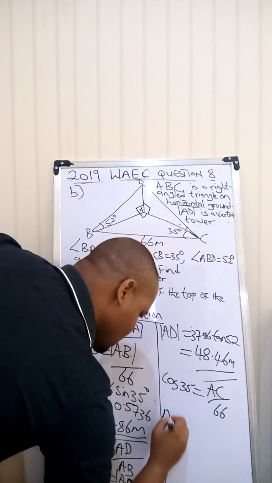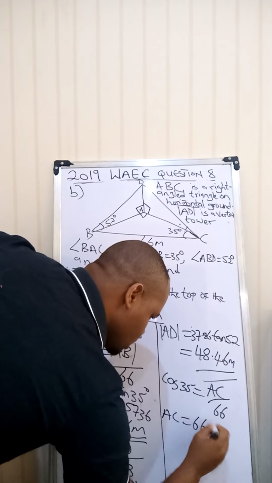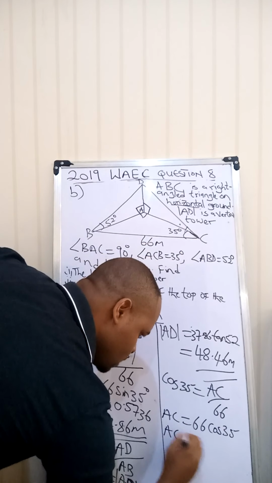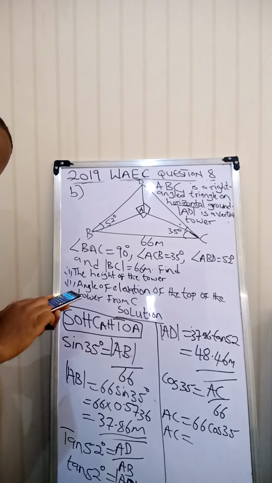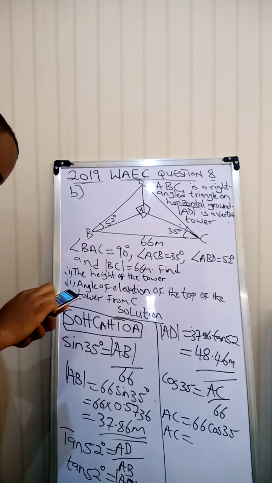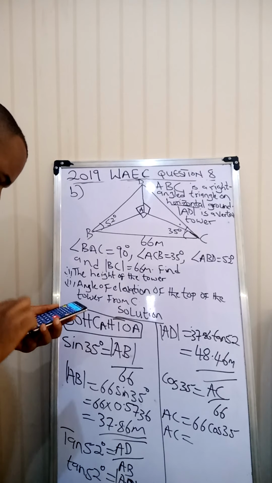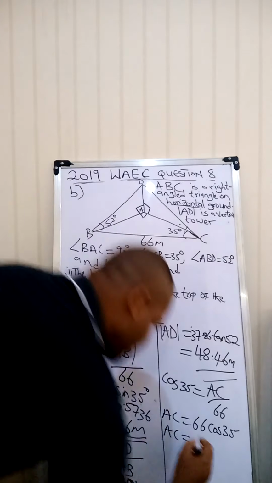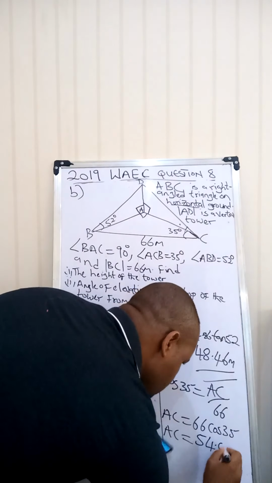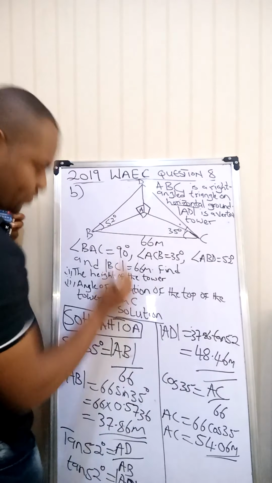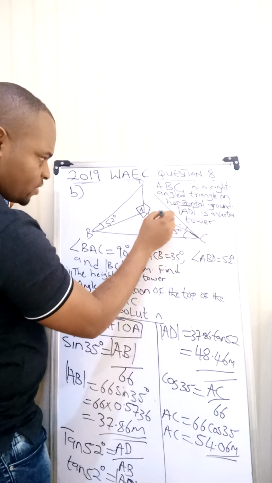So that my AC will be equal to 66 cos 35. Let's multiply that out. I'm having cos 35 multiplied by 66. That gave me 54.06 meters.